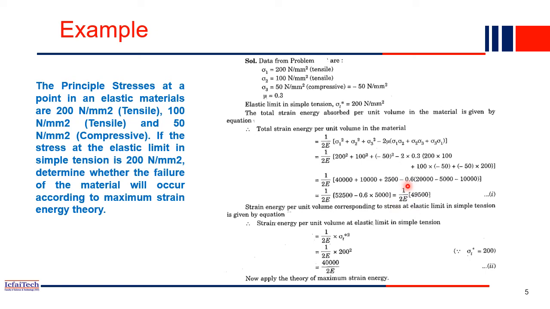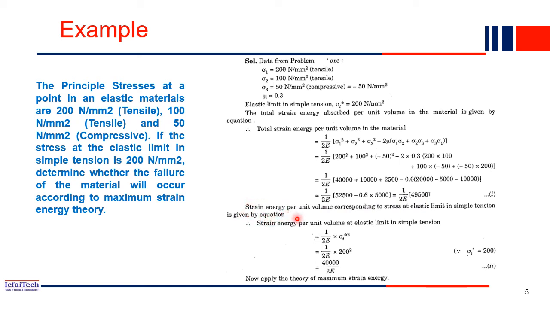Now we have to compute the capacity strain energy, how much strain energy the material can take. If the material can take more strain energy than this, then our structure is safe and the material won't fail. So let's compute the strength of the material.